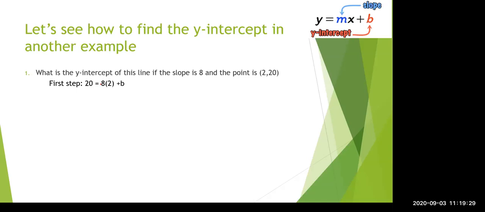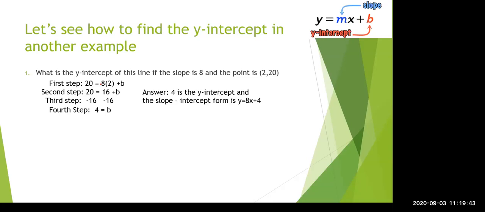Then you just solve this equation. So you do 8 times 2, which is 16, plus b, minus 16 on each side. And then 4 equals b. So the answer is 4 is the y-intercept, and the slope-intercept form is y equals 8x plus 4.